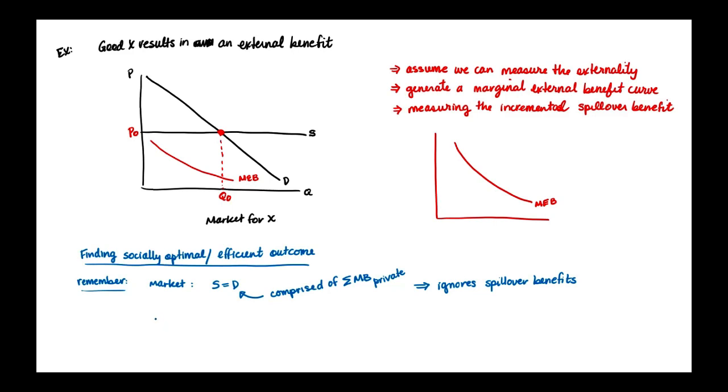We need to think about, for the socially optimal level, the sum of the private marginal benefits in addition to what? The external benefits, right?